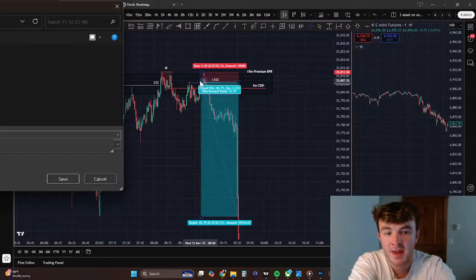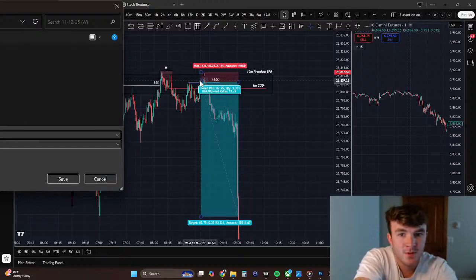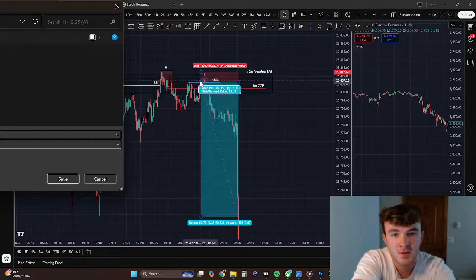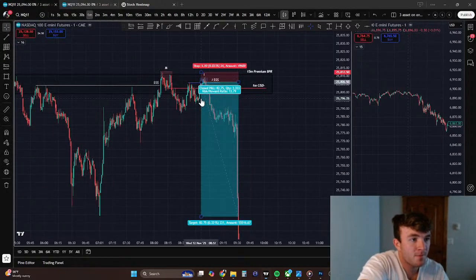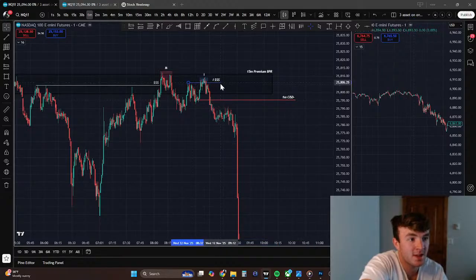So right at 8:52. That's kind of cool. 8:50 flow state inducement, 15-minute aligning with the 1 minute. Okay. The way I would like to take this trade, in my opinion the high probability way, is you could wait for 1 minute change in state right here.